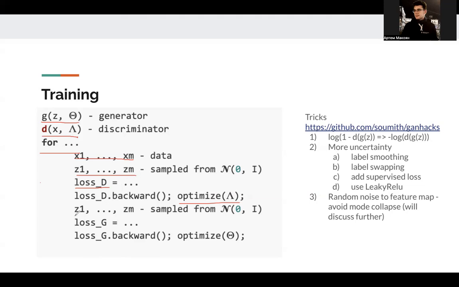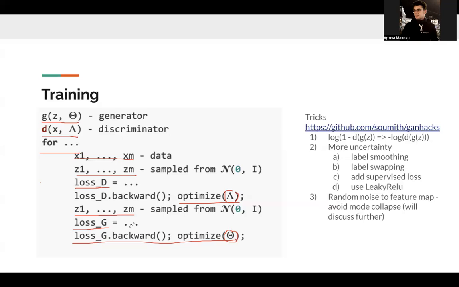And then we generate Gaussian noise, calculate the generator loss, and optimize the generator. You can see that these are the weights of the discriminator from here, and these are the weights of the generator. And now we maximize cross-entropy loss and optimize only the generator.